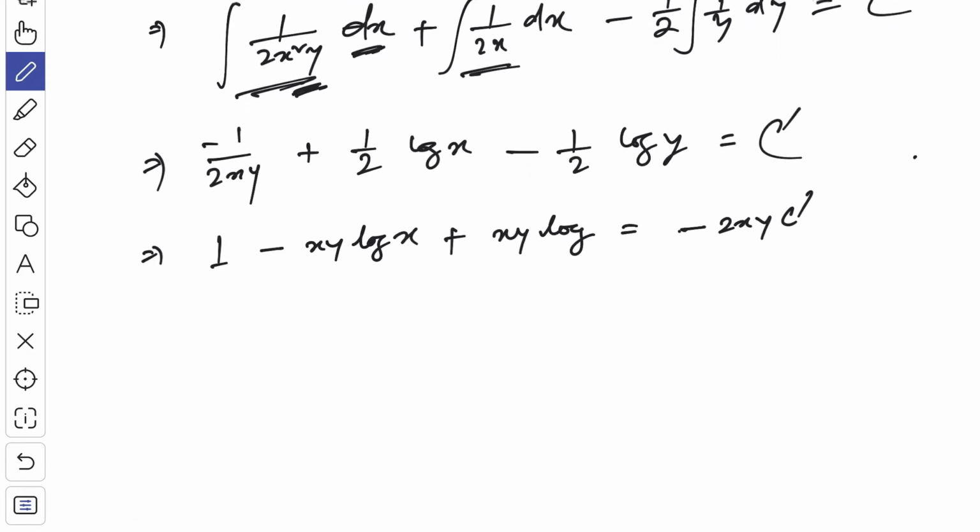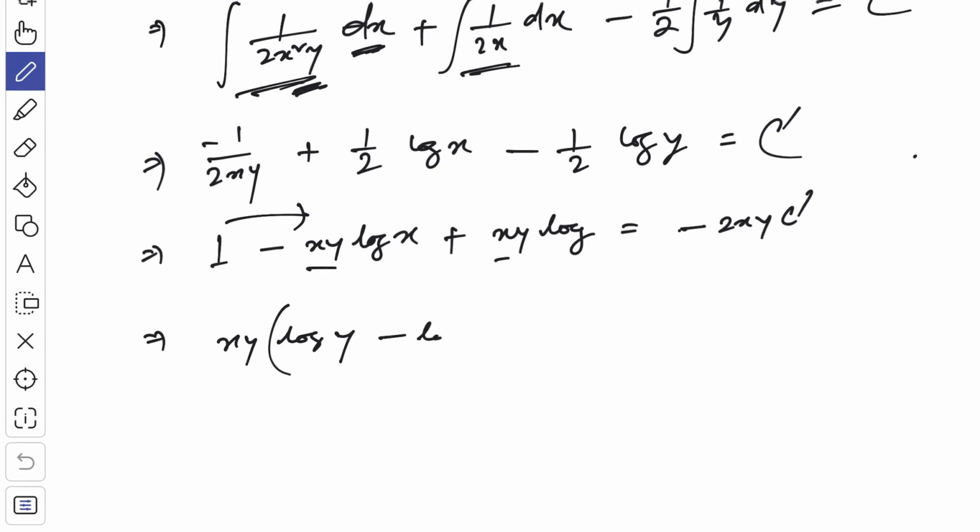So now here, and this one on the other side, here we will get xy log of y, taking xy common, log y minus log x. So on the other side, minus xy, you can consider xy into minus 2c dash.